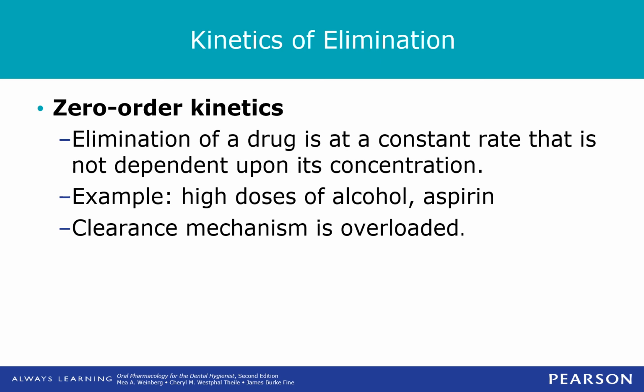We also have what's called zero order kinetics. It's the elimination of a drug at a constant rate that is not dependent upon its concentration. An example is high doses of alcohol and aspirin. Their clearance mechanism is overloaded, because the elimination of that drug is at a constant rate.